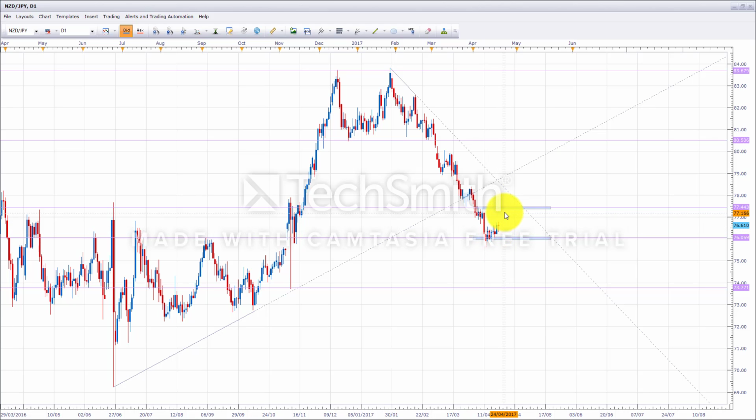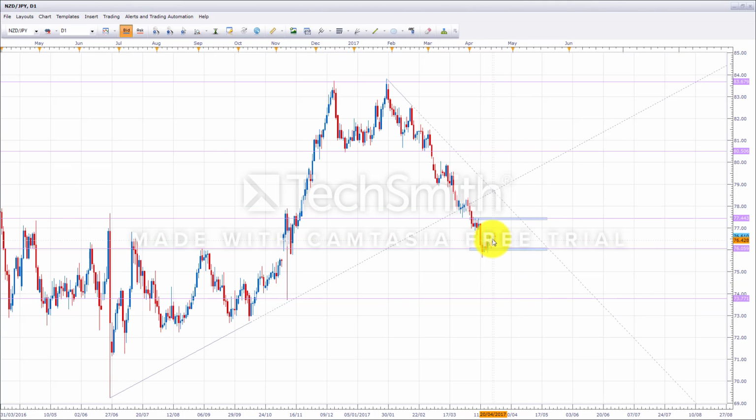Then this may be a trade back up to this level. But just remember, guys, this is counter trend, so ideally what we want to look for here is a break below this support level, a retest of it, and then the trade down to the 73.77 area is really the next nice trading with the trend trade that I'm looking for in this pair.